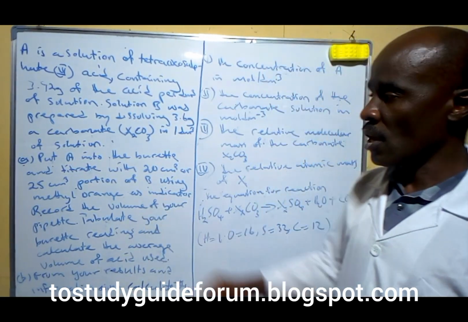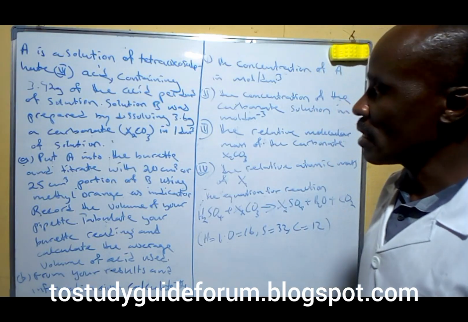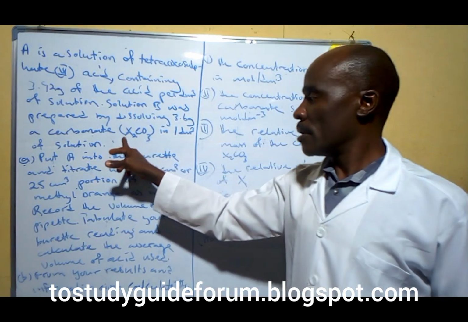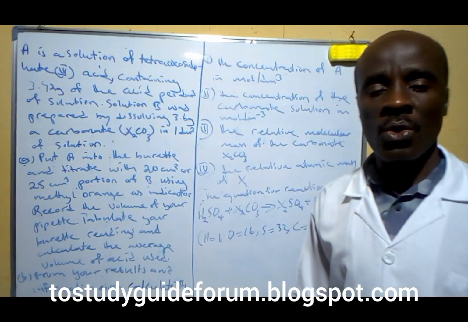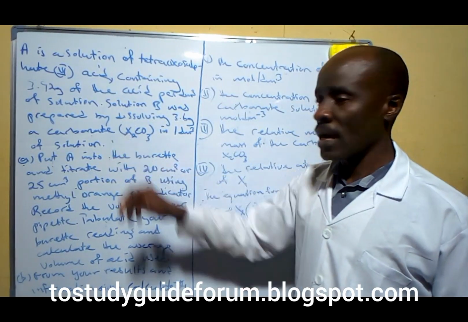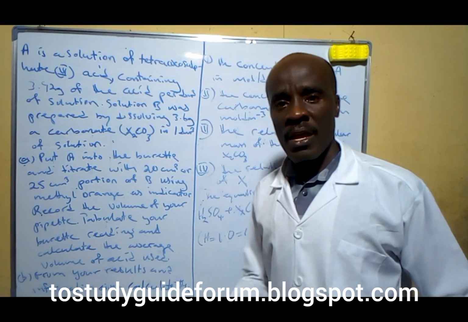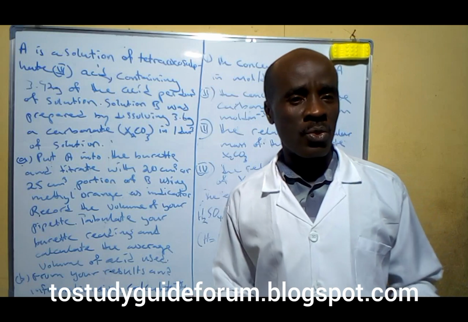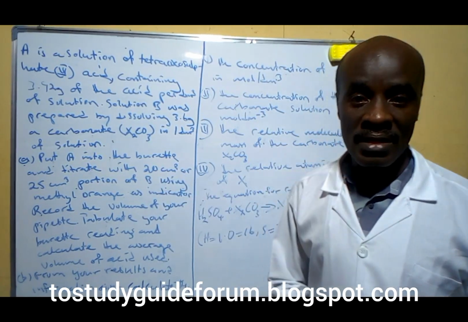In this second phase, we are going to look at how we can calculate the relative molecular mass of this compound and also the relative atomic mass of X that we have there. These are the possible questions I have gone through, and I've come to realize that there's a possibility that one can see something like this in that exam.